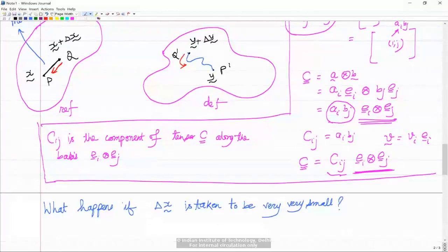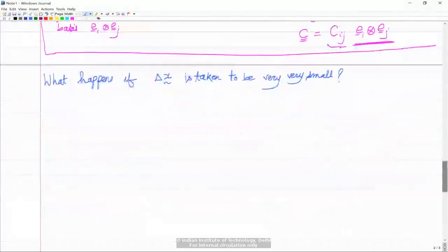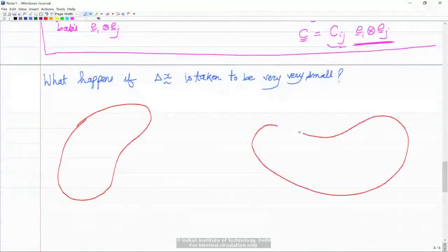You can very well approximate that as a straight line. So it's an approximation. So this is what I'm going to draw next. So you have again those two bodies, and you have P, which becomes P prime here. So although I'm drawing here a finite length line, but it's supposed to denote a very, very small line.